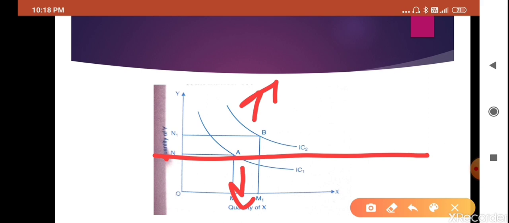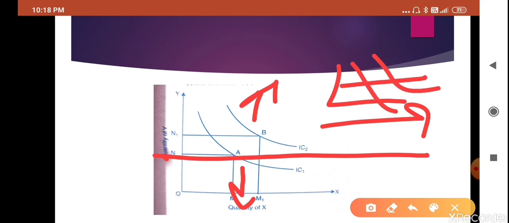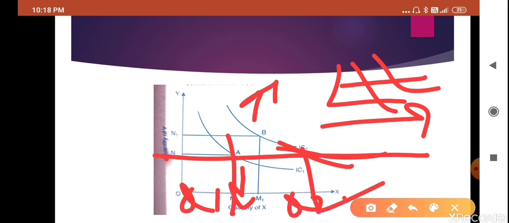So while the curves are shifting towards the right, it is very clear that they have an increment in the satisfaction level. You can understand this, I am increasing this one here. This satisfaction level, this q1, this q2, so q2 is more than q1.